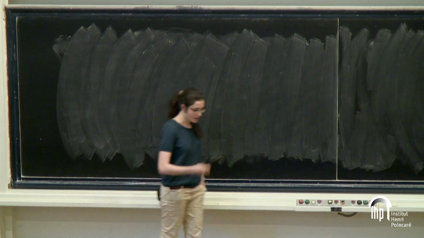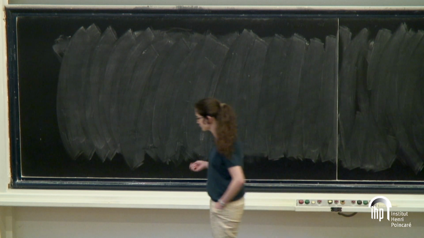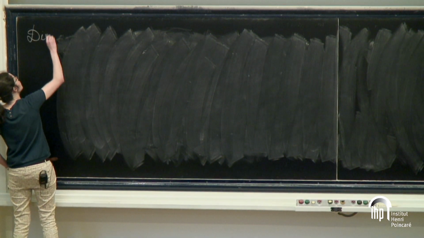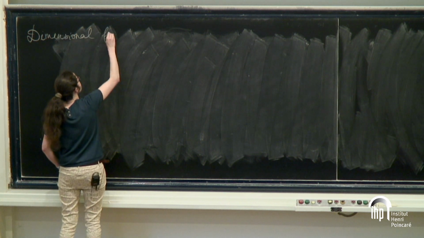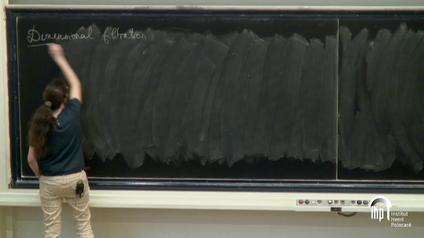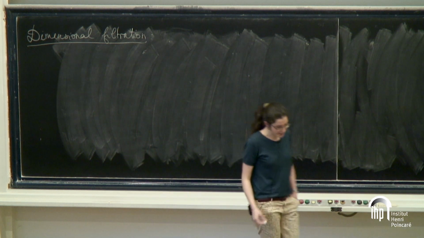all the results in this talk will be about some convergence in this ring. So I have to introduce some topology, and the one that I'm going to introduce now is the one given by the dimensional filtration, which is defined in the following way.